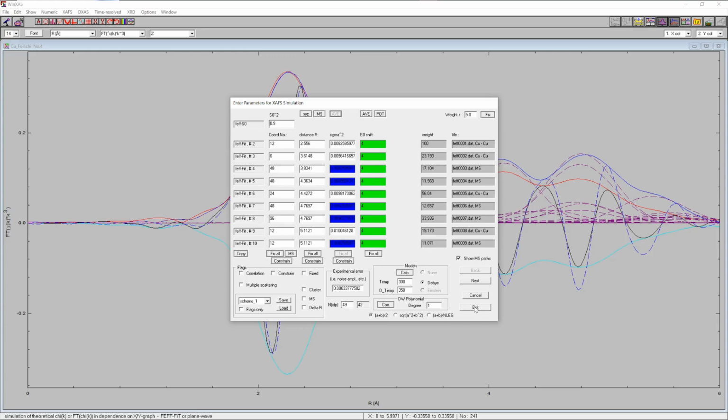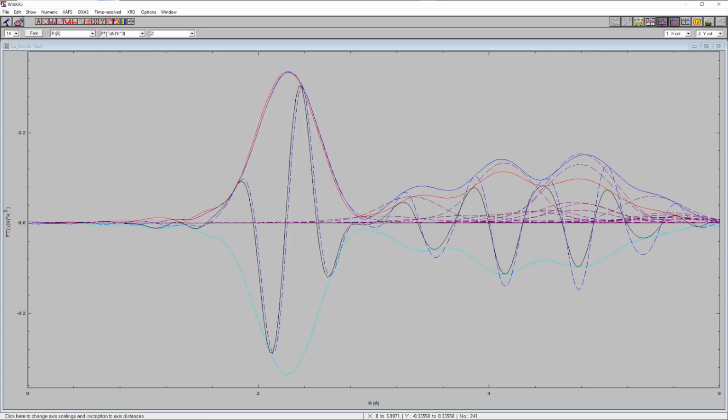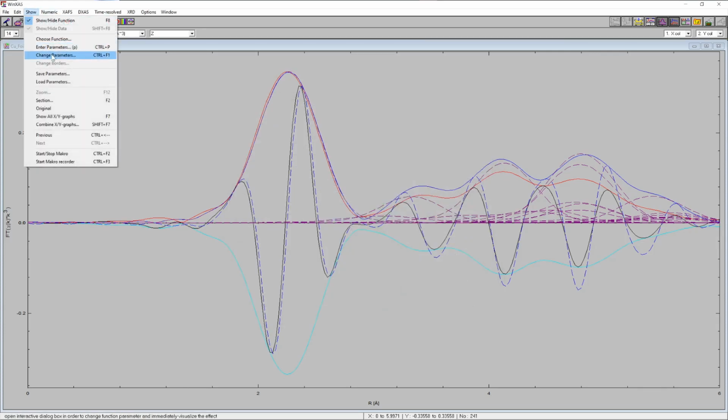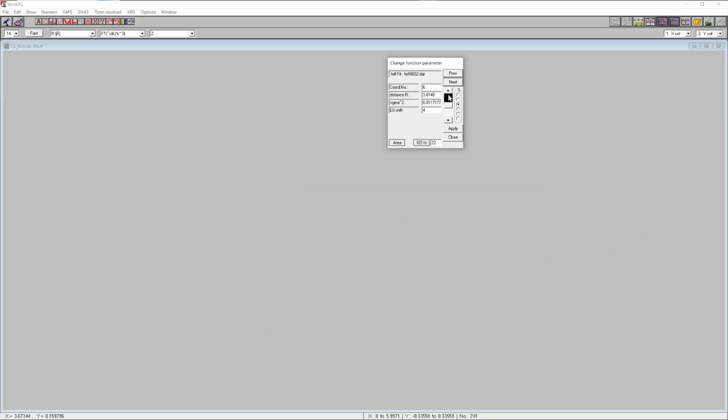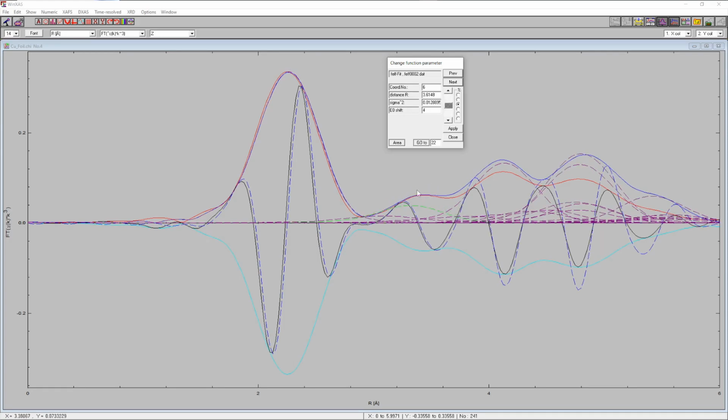And this allows us now to change the Debye-Waller factors of the individual single scattering shells. So we already have a good agreement in the first shell. There's no need to change anything. But here we can increase the Debye-Waller factor, which decreases the amplitude and results in a better agreement here.